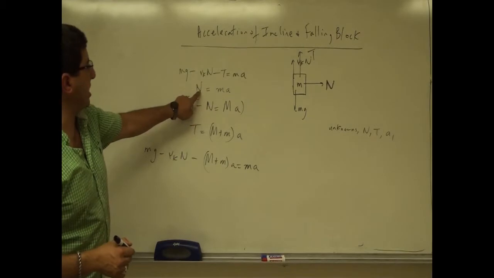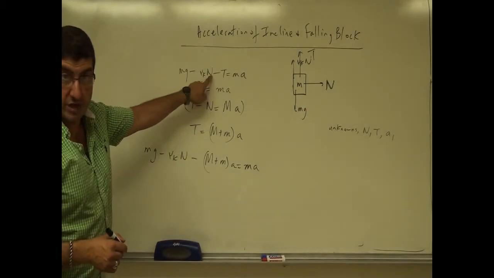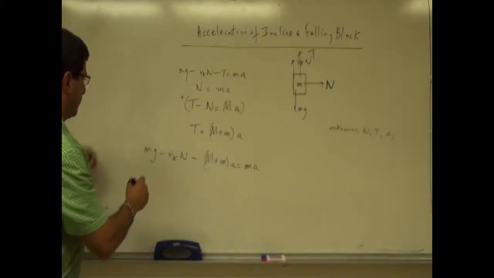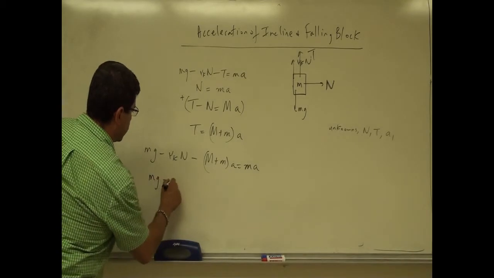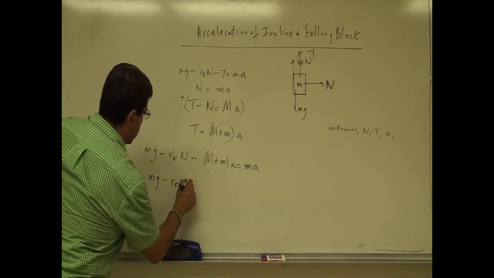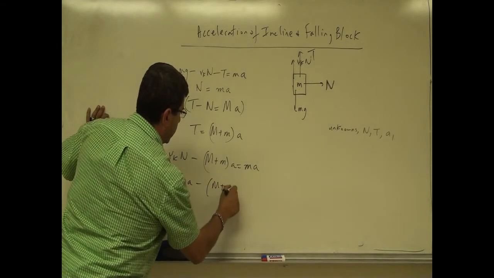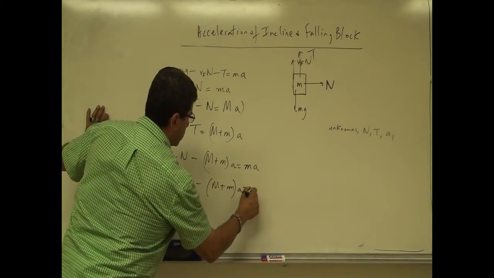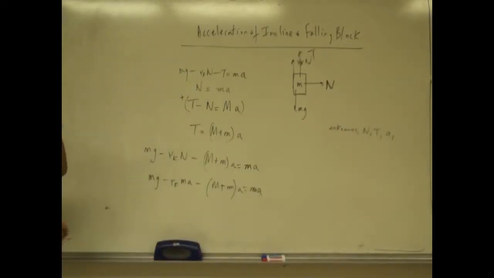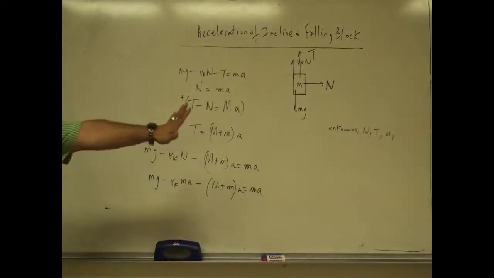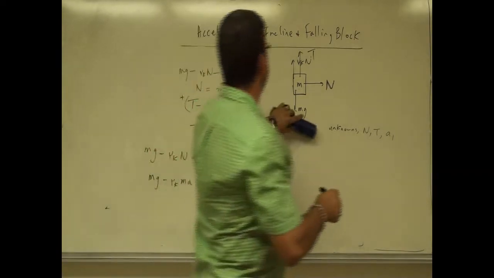Then what I can do is I can take this n and also substitute it into that n, the little m a. So then I can say mg minus mu k little m a, minus big M plus little m a is equal to little m a. Okay, and then take all the a's to the right side, and we're pretty much almost done.